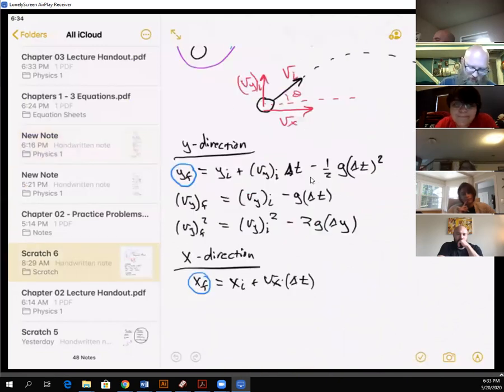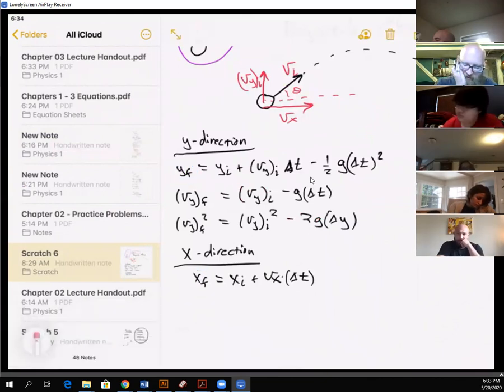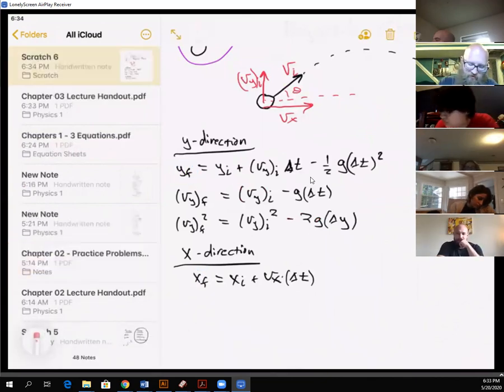So in the Y direction, we have the free fall equations. In the X direction, we have the constant velocity equation. The notation here is from the problem I was solving. And the trick really is that you have an initial velocity, and that initial velocity sometimes has X and Y components.